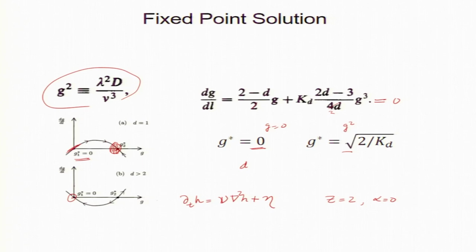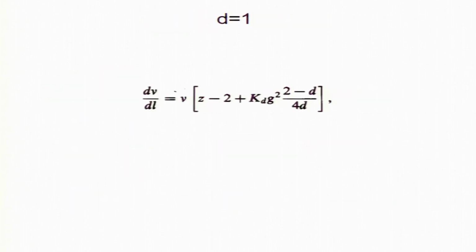Now, for d equal to 1, we know that G star is square root 2 by kd. So, let us substitute it here. Fixed point means this must be 0, d nu by dl is 0.